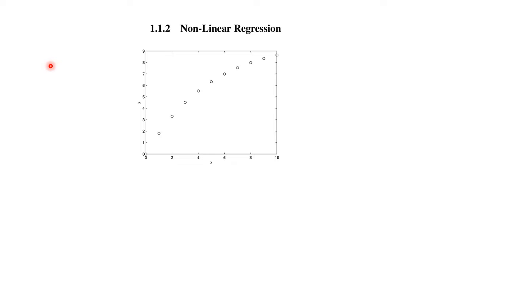We've looked at linear regression, which is the very simple process of fitting a straight line to the data points. If we've got one-dimensional input and one-dimensional output, we can then use our knowledge and our experience of functions to propose a regression function.